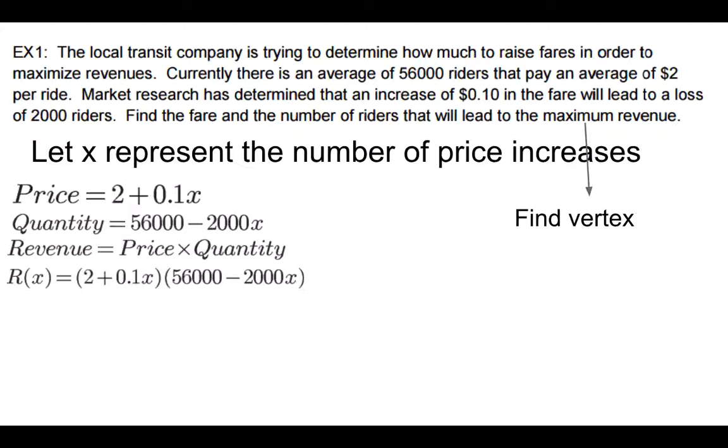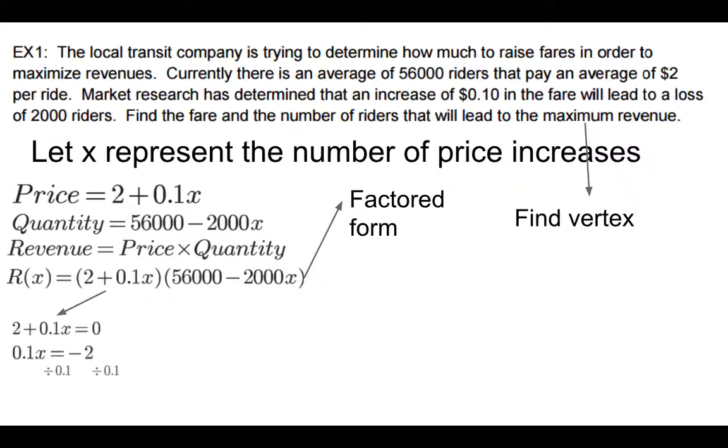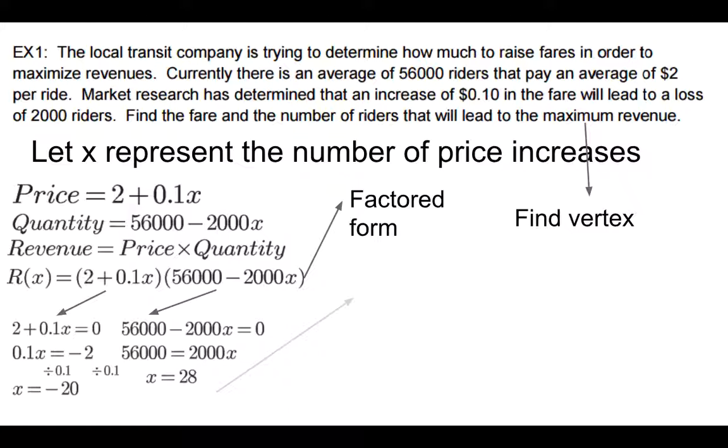And so realizing we need the vertex, we've got factored form, we know that. Now we just find the zeros. So we solve these little mini equations. The temptation is to start expanding it out and then use the quadratic formula, but you can easily find the zeros just by solving these linear equations.